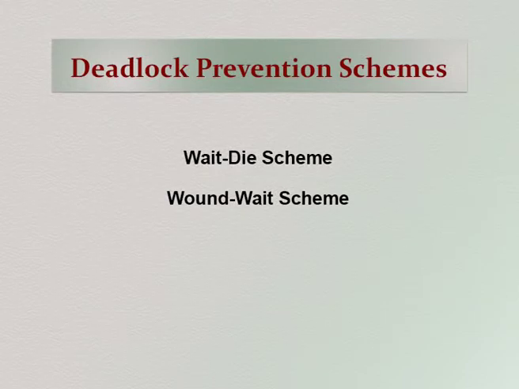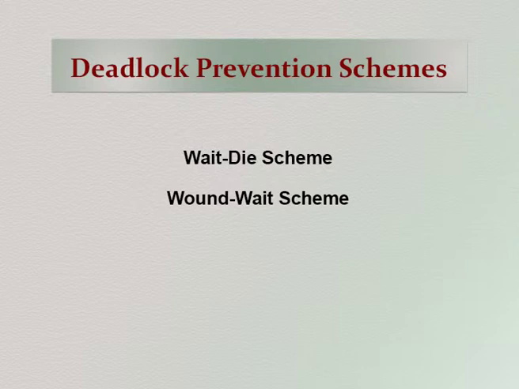The younger one will be reinitiated at a later stage when the first transaction is completed and the resource is released. This is the wait and die scheme which can be followed in order to prevent deadlock situations. Likewise, you have another scheme called the wound wait scheme. Once again, it follows a timestamp mechanism.